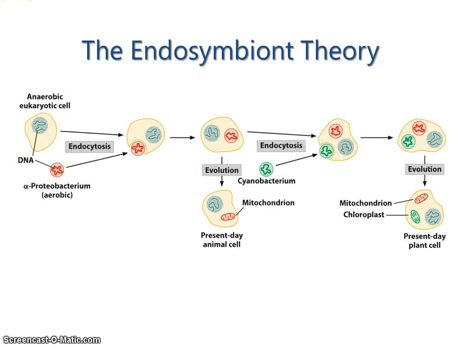So the evolutionary origins of mitochondria and chloroplasts are thought to come from endosymbiotic bacteria, and there are a few lines of evidence that point to that. First, eubacteria share a number of physical and genetic characteristics with mitochondria.